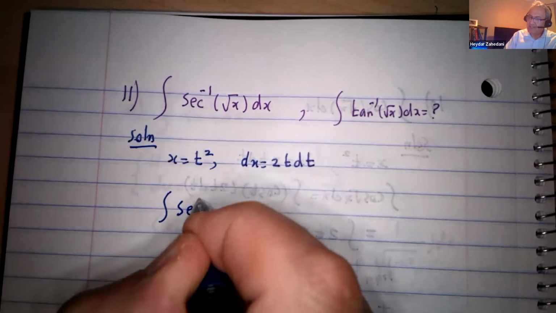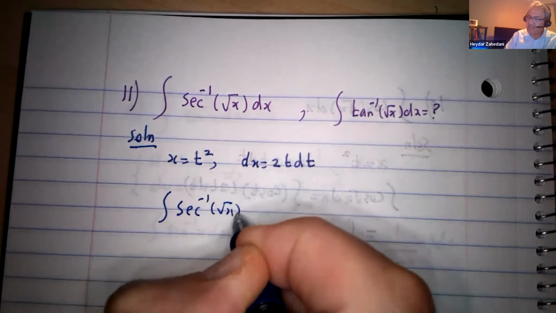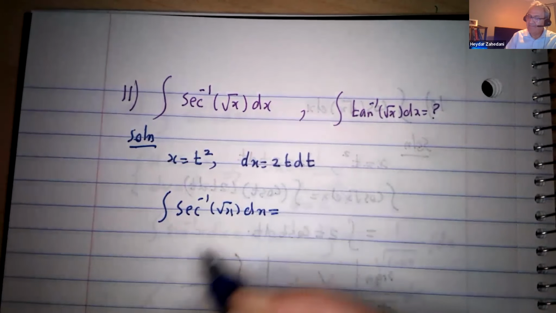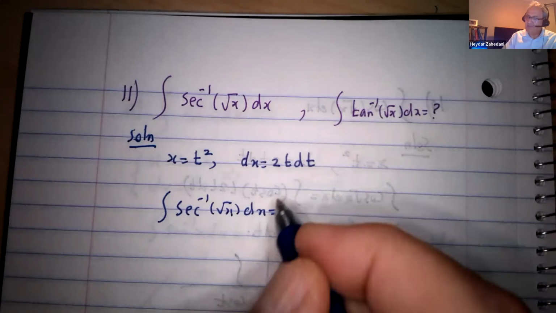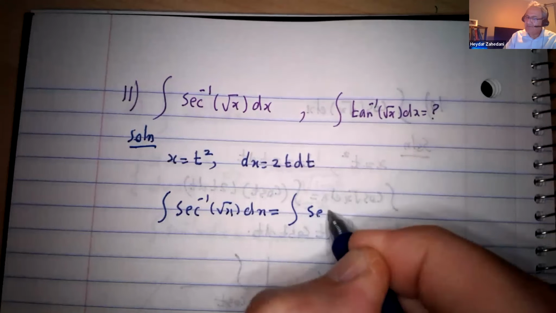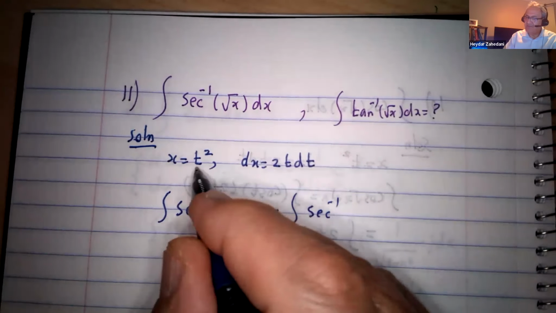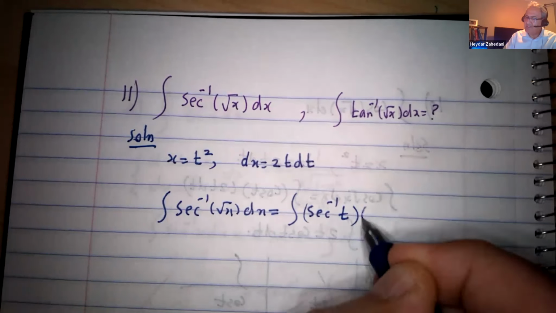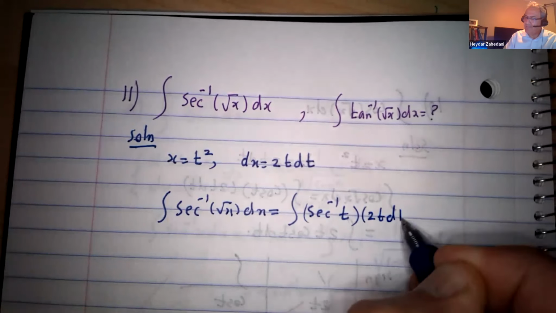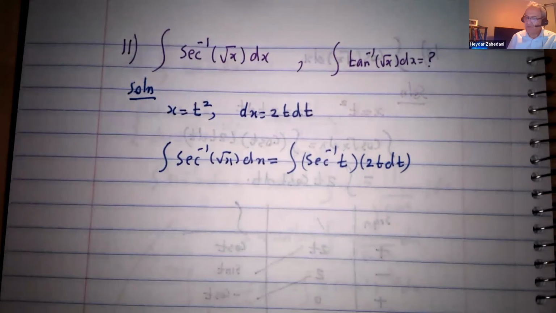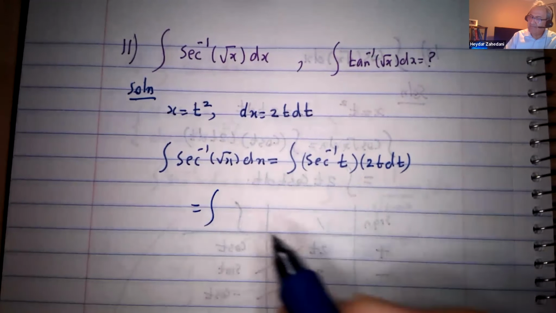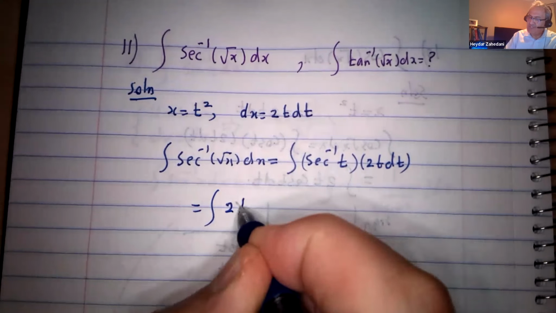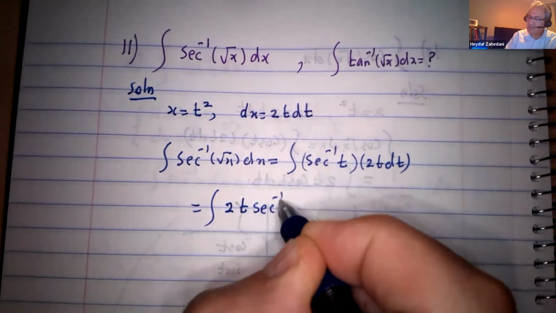The integral of secant inverse of the radical x dx is equal to secant inverse of radical x, where the radical x would be just t, times dx, which is 2t dt. So you are going to get the integral of 2t secant inverse of t dt.